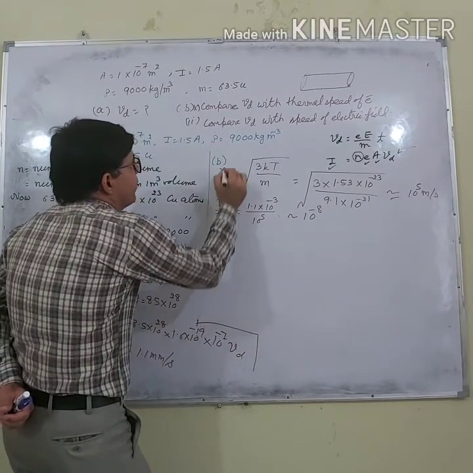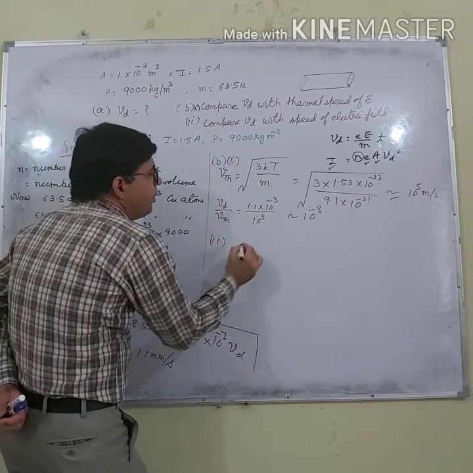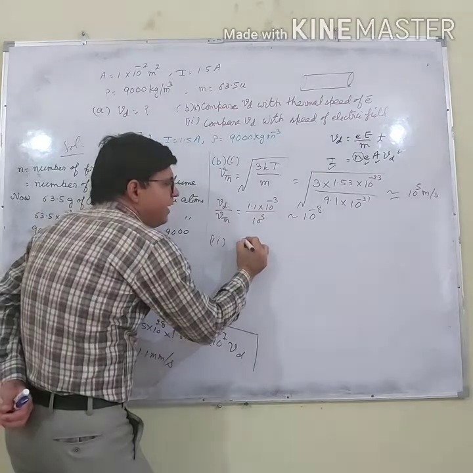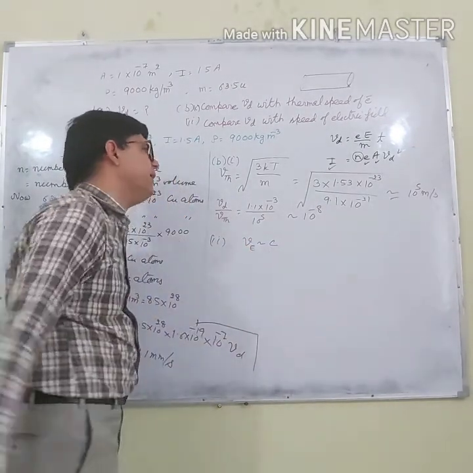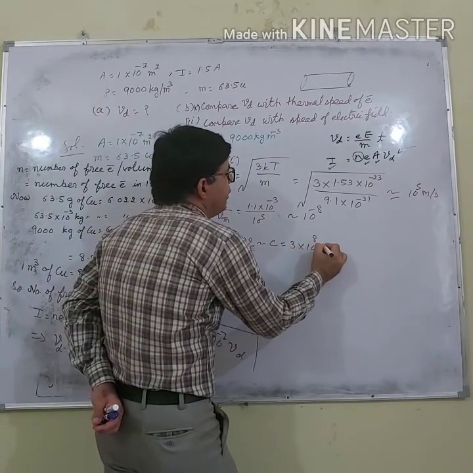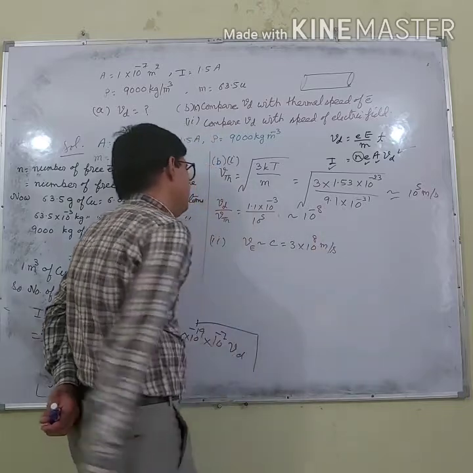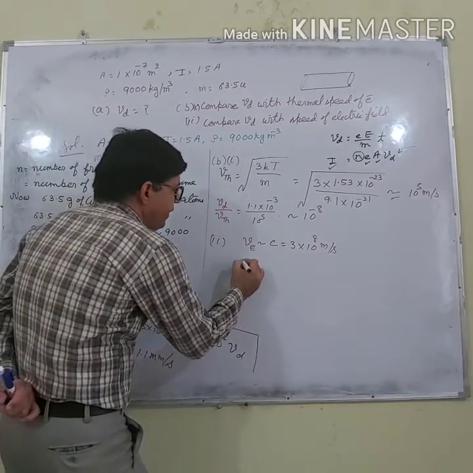And in the second part, the speed of electric field is of the order of speed of light, that is 3 into 10 to the power 8 meter per second. I have to compare with the drift velocity.